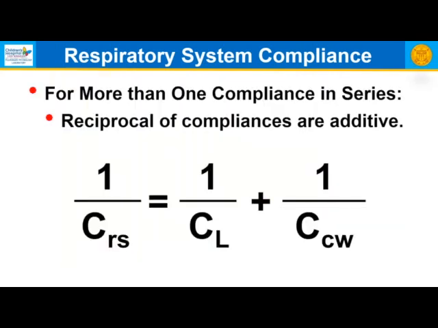For more than one compliance in series, that is one after the other, the reciprocal of compliances are additive. So, for example, when you take a breath, you go through lung compliance and chest wall compliance sequentially, if you will. And so the reciprocals of these add to be the reciprocal of total respiratory system compliance.